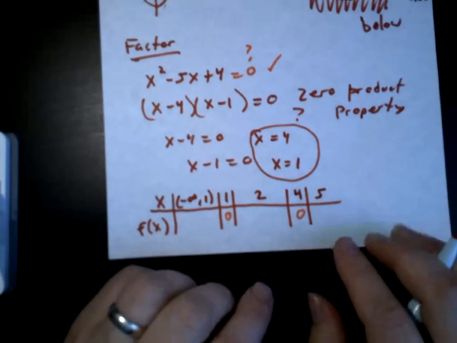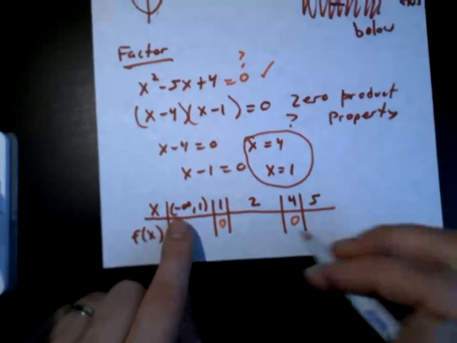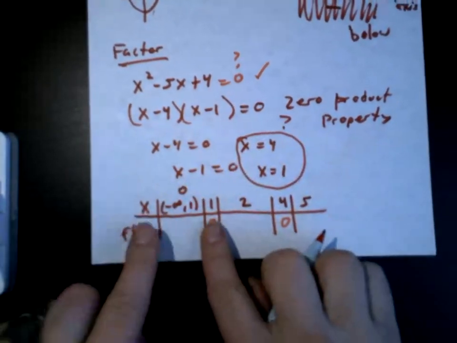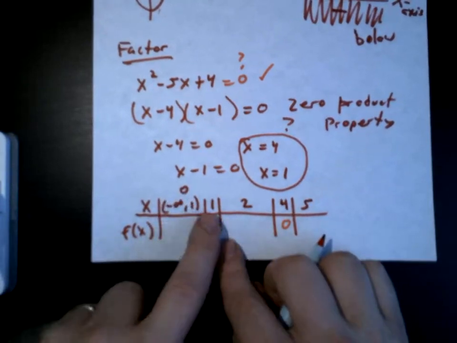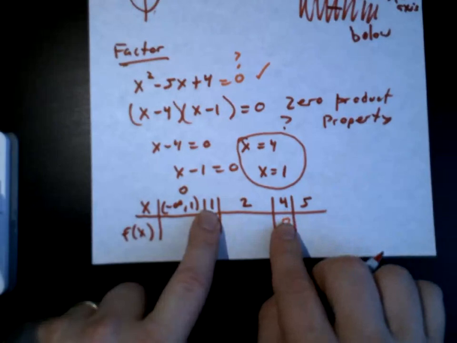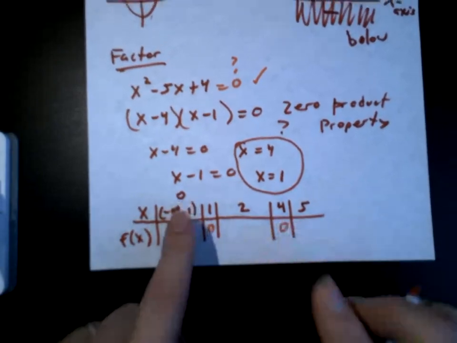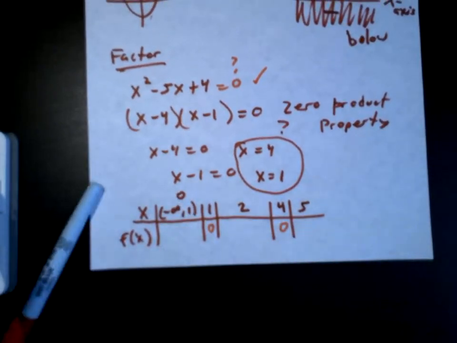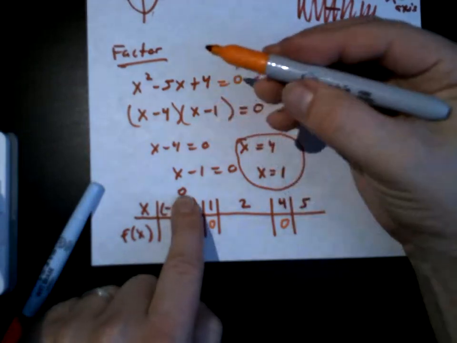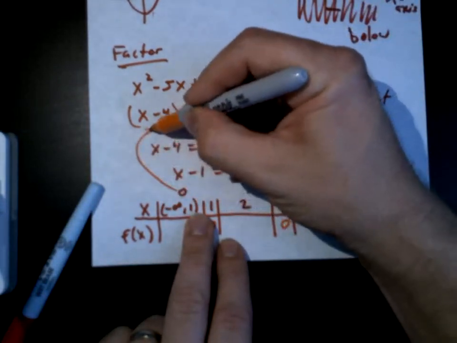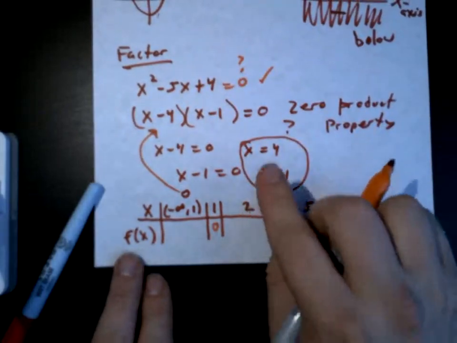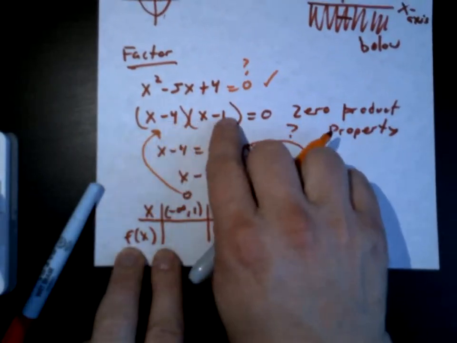So now here's what you're going to do. You're going to take a number. Let's say 0 for here because 0 is between negative infinity and 1. The reason I'm picking 0 is because it's not 1 and it's not 4. So what I'm going to do, everybody, is take that 0 and go up to here. And you're probably thinking, why am I going to use that factored form?